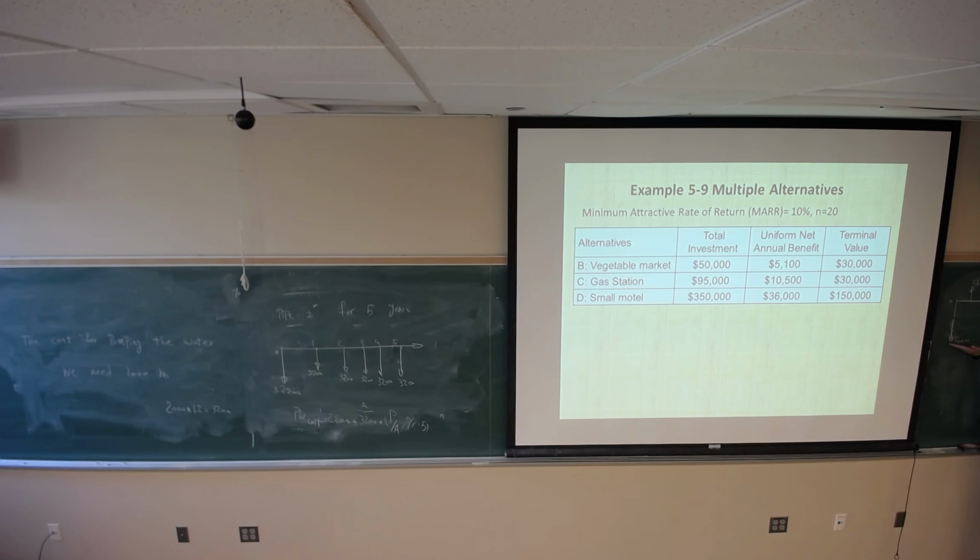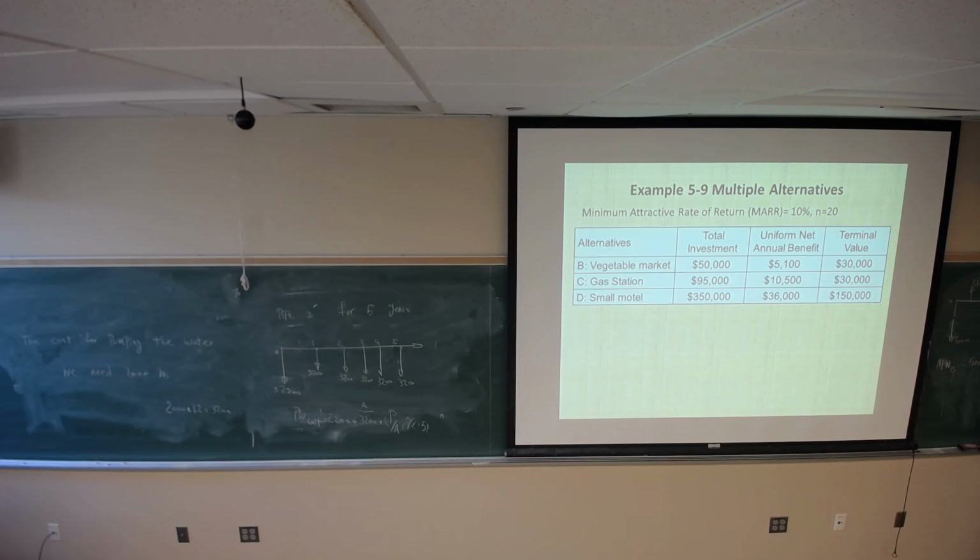So if you do analysis for this, net present worth for project B is you pay negative 50,000 plus you have this uniform series of the payment 5,100. This is A. You want to find present value.